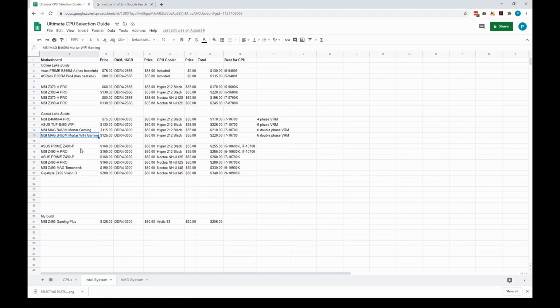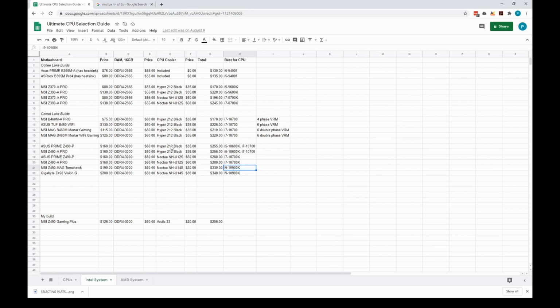But back to the Intel system, here we have options for an overclockable i5 with 6 cores 12 threads, or an overclockable 8 cores 16 threads, or we also have the option to build using a 10 cores 20 threads processor here.